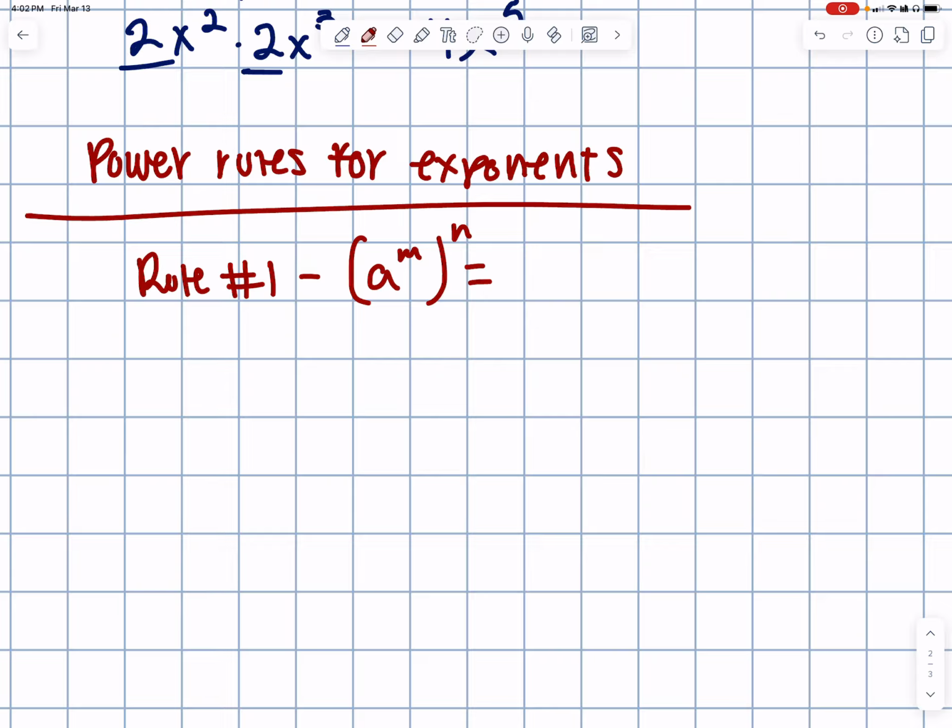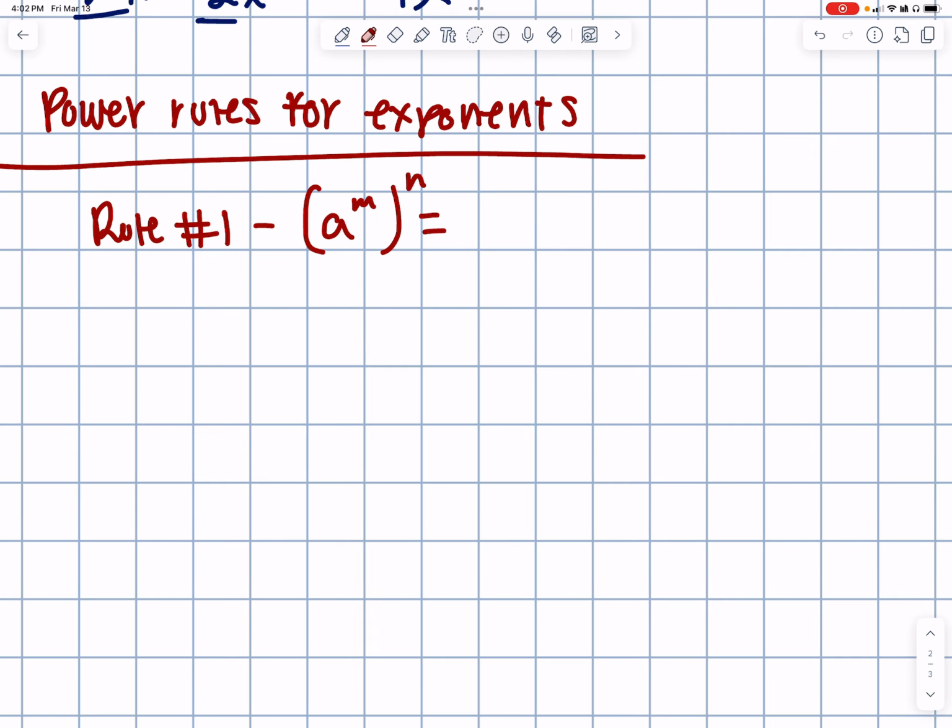I'm not going to try to explain it more because it's going to possibly confuse you. It means it's going to be m times n. So let's write an example, for your sake.